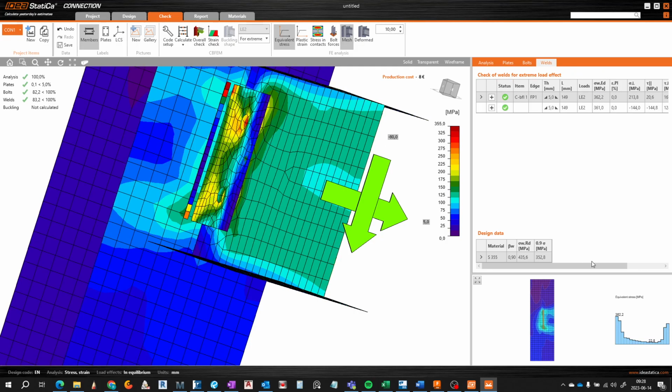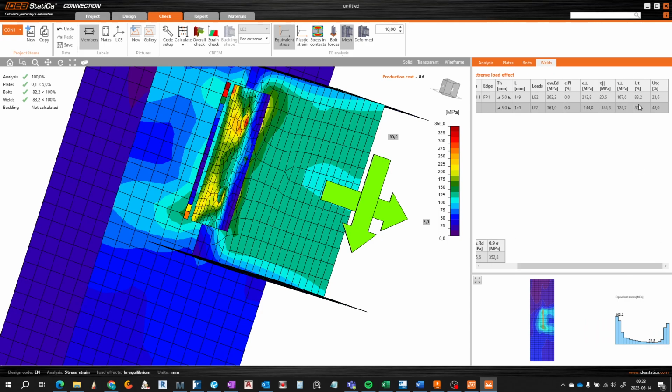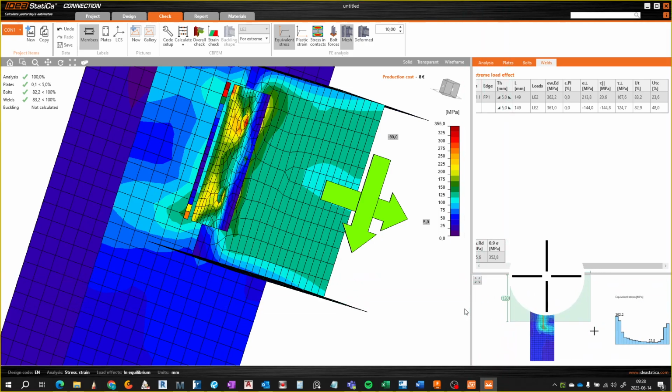The welds. What are you looking at? That is that the stresses are less now, 83.2, and you see on the right bottom corner of this screen you have a diagram here, and you can look at that.